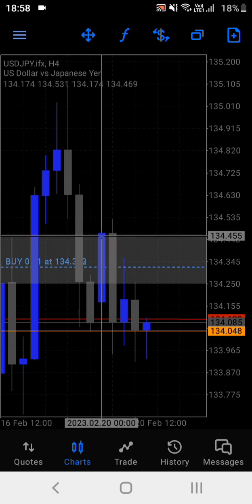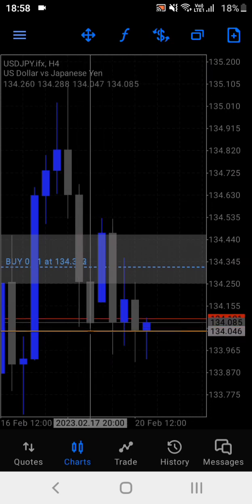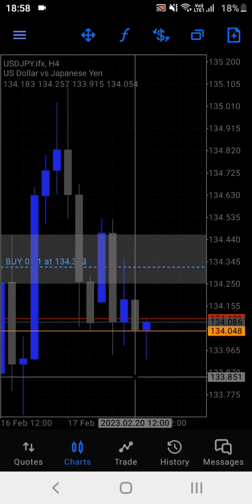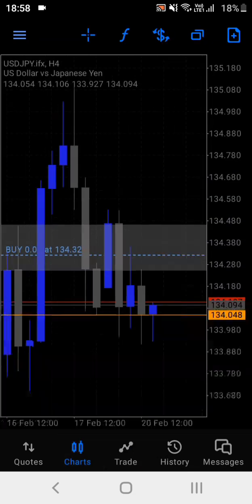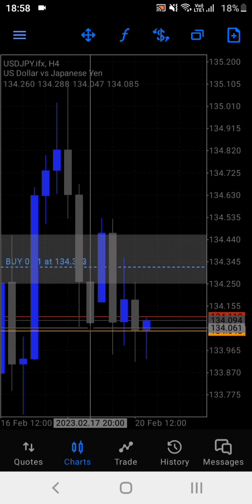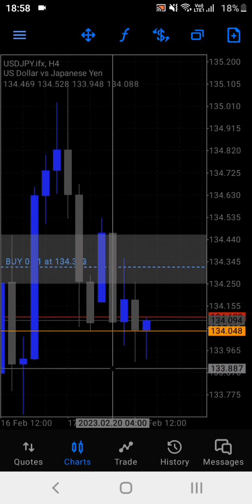Look how much the price is avoiding to close below this horizontal line, because this is market manipulation. Look how much the price is avoiding to close below this line. If the price closes below this line, then I know that it's not market manipulation and I was wrong, and therefore I will close those losses.